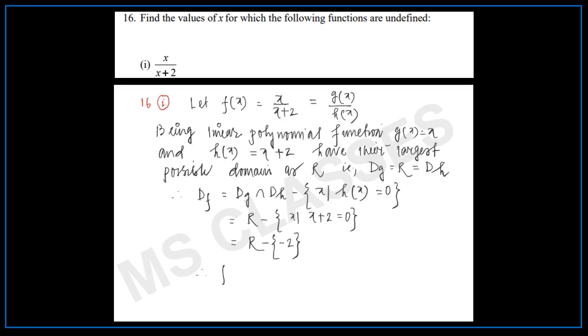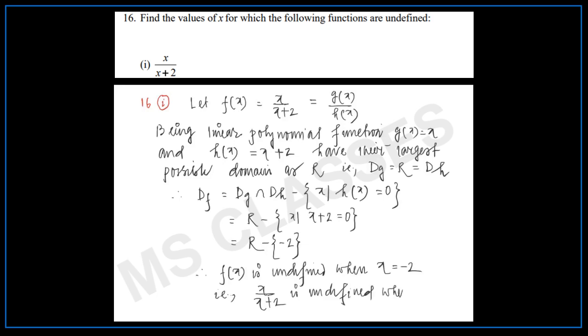Therefore, f(x) is undefined when x equals −2.